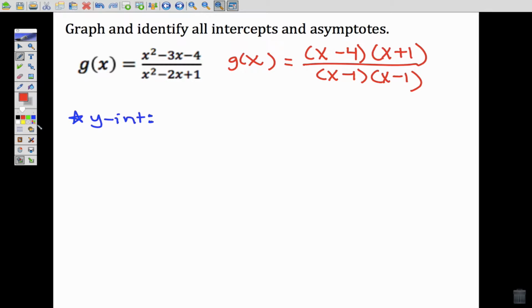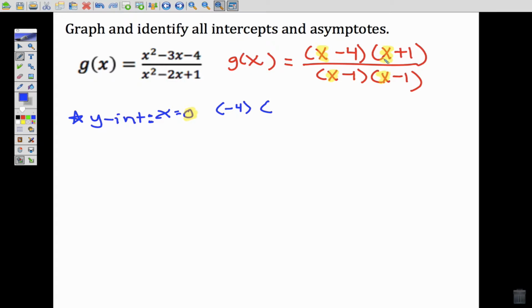So again, for the y-intercept, we're going to plug in x is equal to 0. Now you can do it on the original or the factored one. I'm going to show you both. So I'm plugging it in for all of the x's. On this factored one, I would have 0 minus 4, that is negative 4.